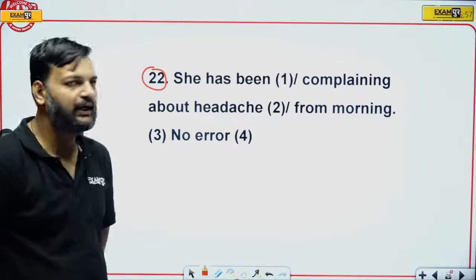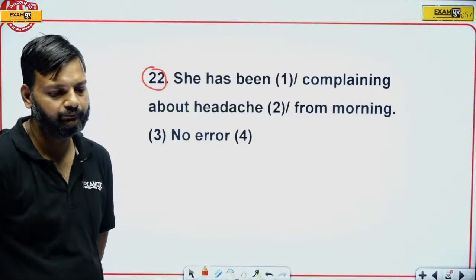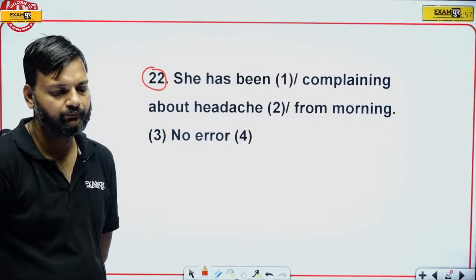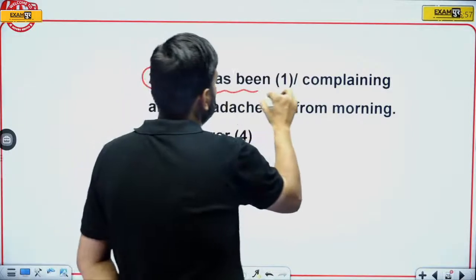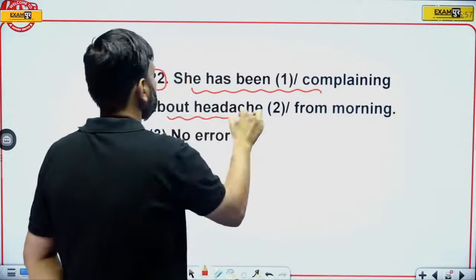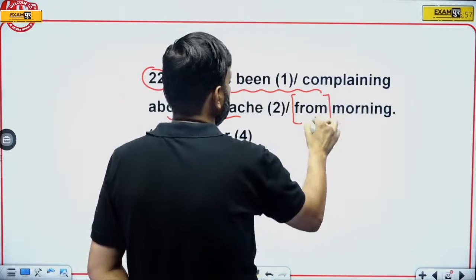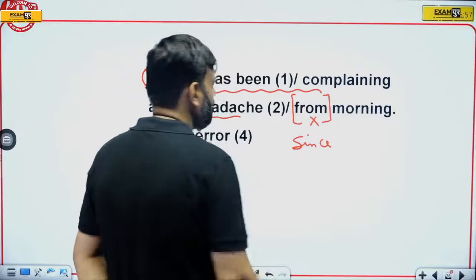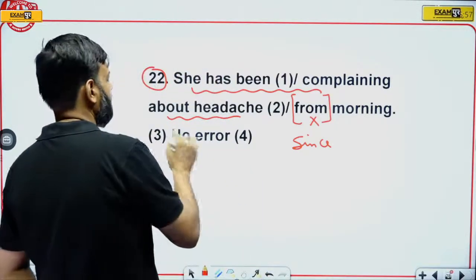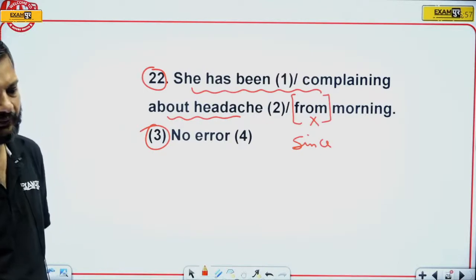See, this sentence is present perfect continuous, and with perfect continuous we do not use from, we use since. So here since would be the right answer. So the error is in the third part.